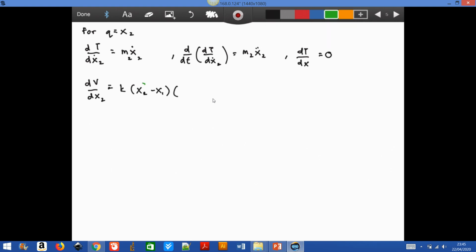Don't forget the inner part, which is x2. If you differentiate x2 towards x2, it will become 1. Therefore, it is k (x2 minus x1). Then we arrange back, we will get negative kx1 plus kx2.